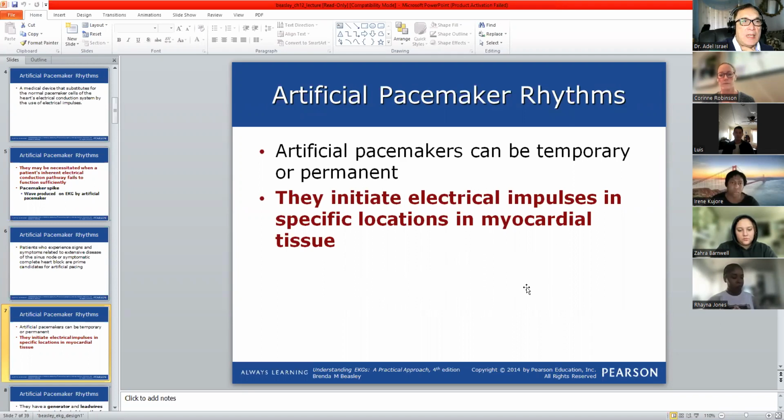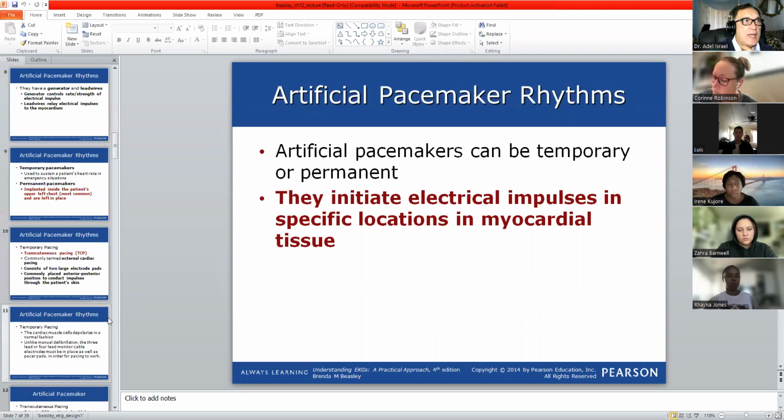What we mean by right side of the heart, Irene, we mean the right atrium and the right ventricle. So we will get two varieties, or actually three types of pacemaker. One going to the right atrium, another going to the right ventricle, or it can be in both at the same time.